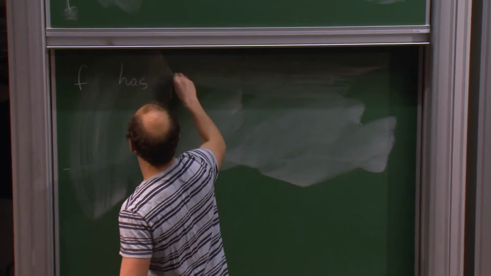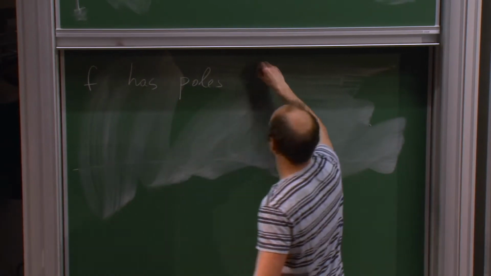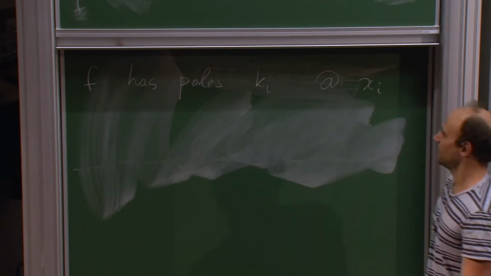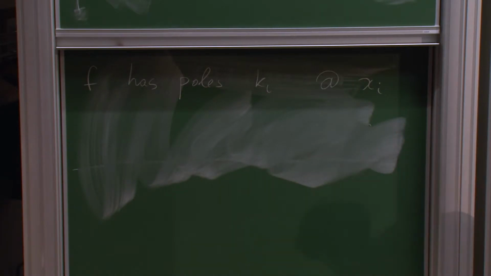F has poles of order ki at xi. It has n poles, so I call these poles x1, ..., xn.